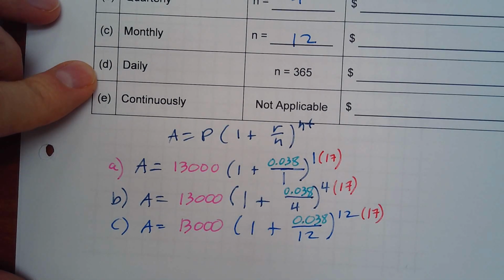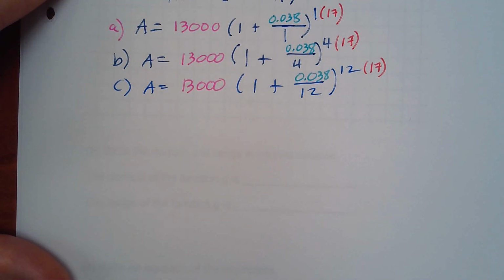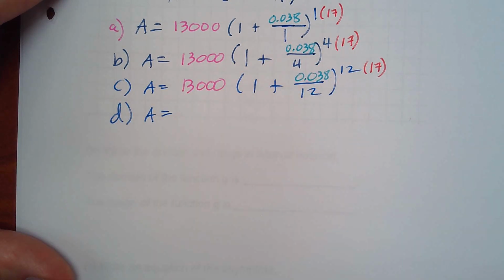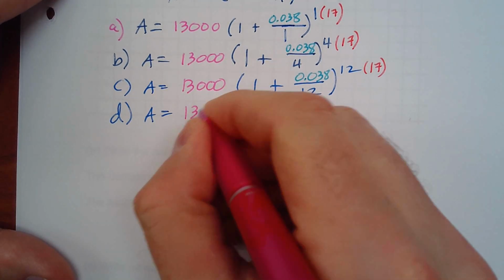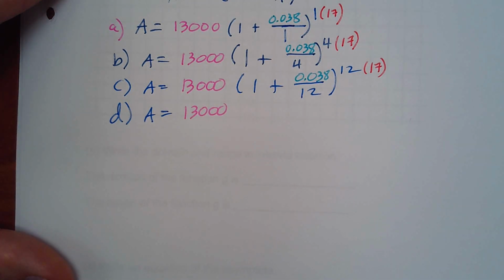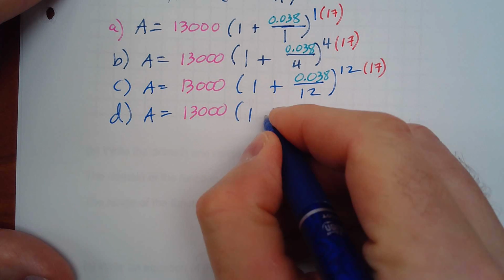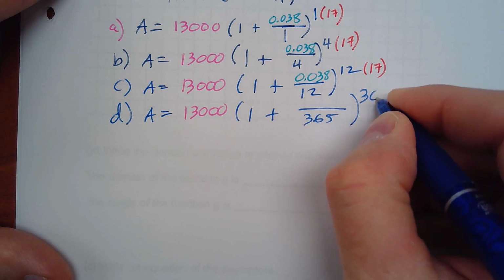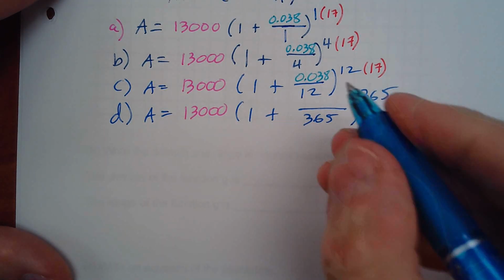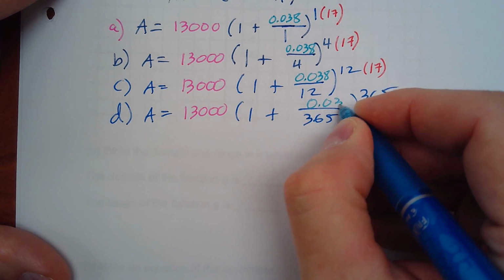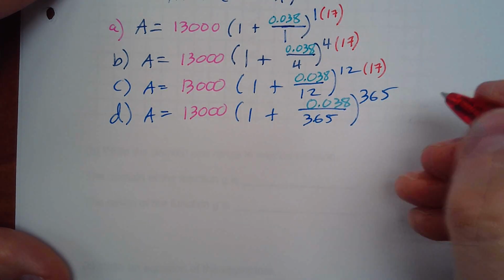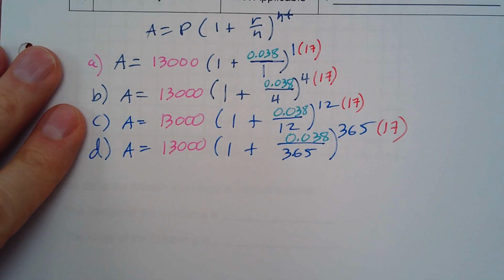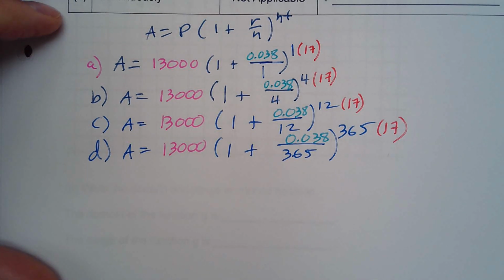And for D, n is going to be 365. And so we're just going to do the same thing for each one of these.